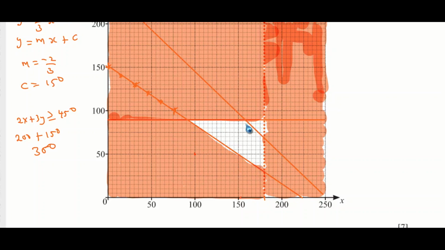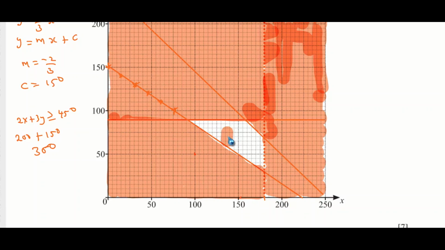For this one I didn't remove this one here. I forgot to remove this. Okay, so for this one now, this is the needed region.